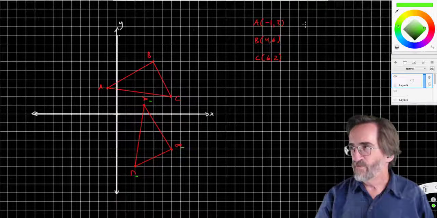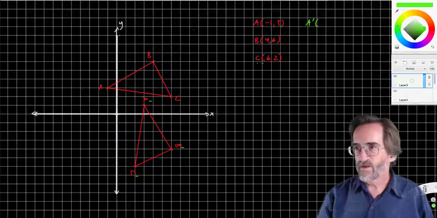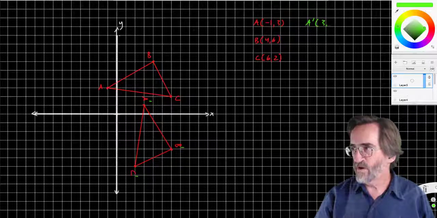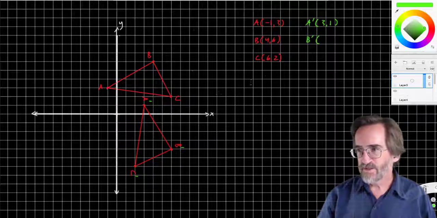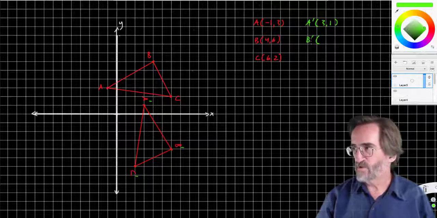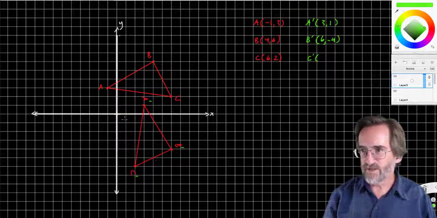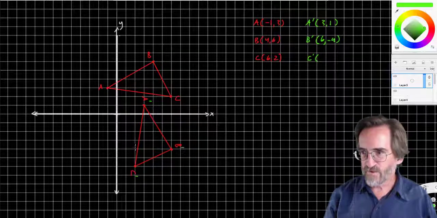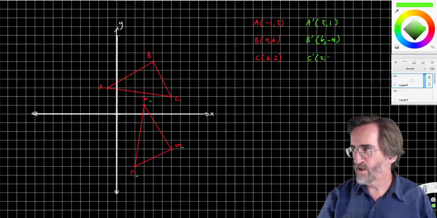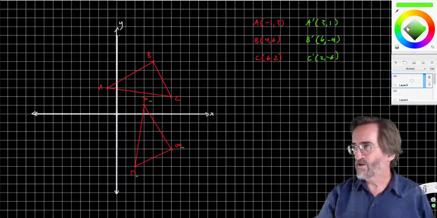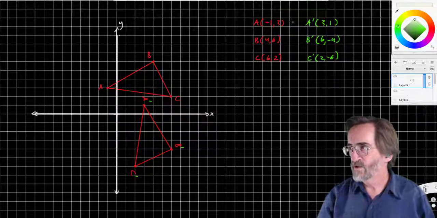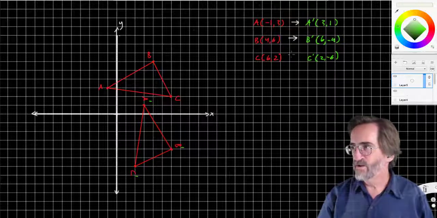So A prime seems to be at 3, 1. B prime seems to be at 6, -4. C prime seems to be at 2, -6. Now look carefully at these coordinates. Do you see a pattern?